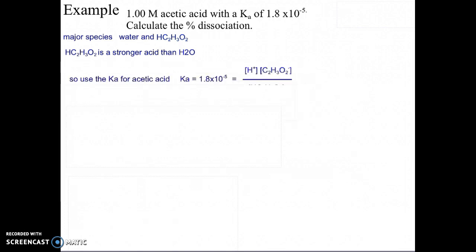So we're going to use the Ka for the acetic acid, and I skipped a step here because I didn't write out the equation for the acetic acid, but it will show up in our rice table.